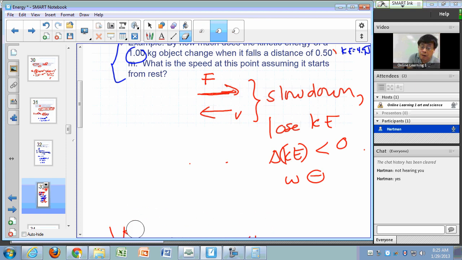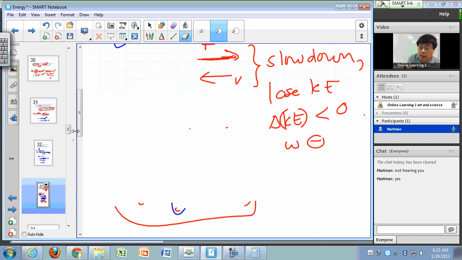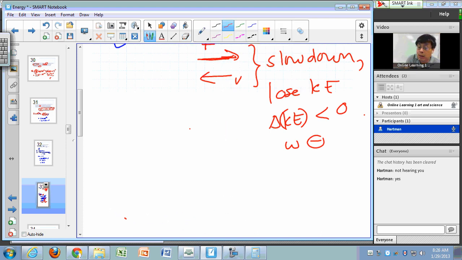Okay. Now, if force and displacement are pointing in the same direction, so if the force is directed this way and the velocity is directed that way, it's being pulled in the direction it's moving, then you would expect it to speed up.